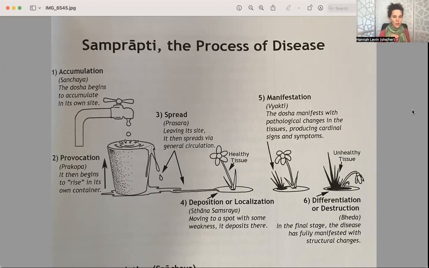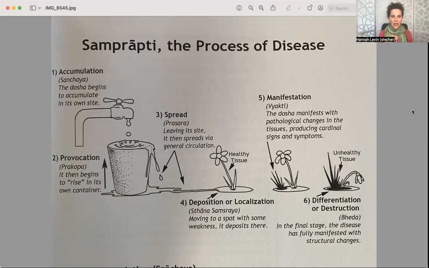When we first look at the stages of the process of disease, what we want to acknowledge is that at some point we get to experience, and that might be only when we're very young, ideally there are times throughout our lives when we experience being in healthy balance, that all the energies of the elements are balanced within us in our own particular recipe of our prakriti, the balance of Vata, Pitta, and Kapha that is unique to each of us.